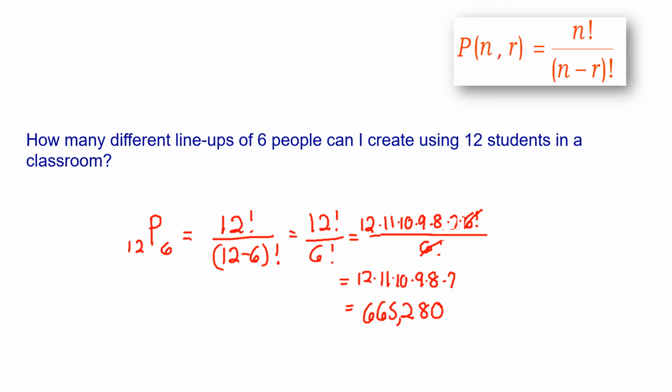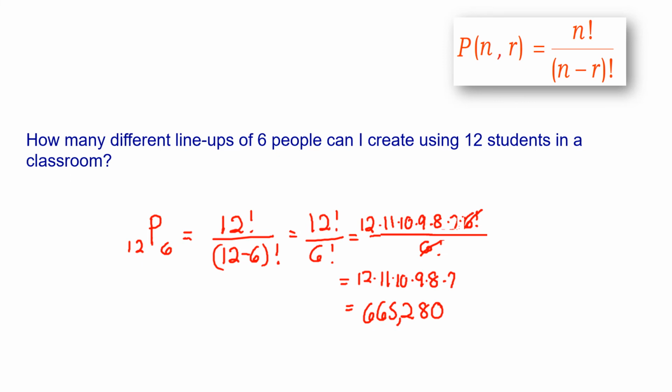Now, as I said, if you had a scientific calculator with the factorial button, I suppose it's easier to just do the 12 factorial and then divide by 6 factorial, as opposed to typing in a 12 times an 11 times a 10, that kind of thing. So if you do have some kind of setup where you can just get the answer right away, I guess there's no reason why you can't.